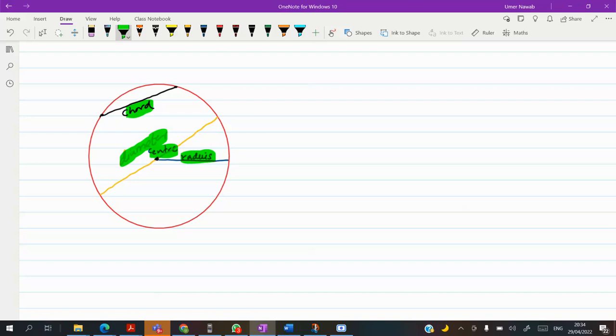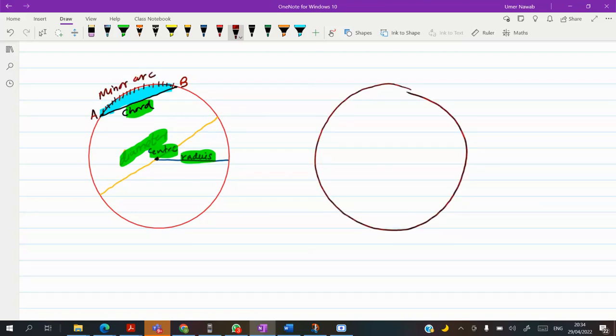Now, any area which is between the minor arc, what is this minor arc? Let me explain what that is. Guys, this arc I'm talking about, AB, is called the minor arc because you can divide the circumference into two parts.